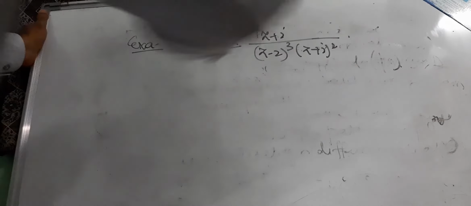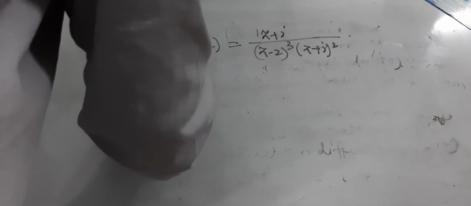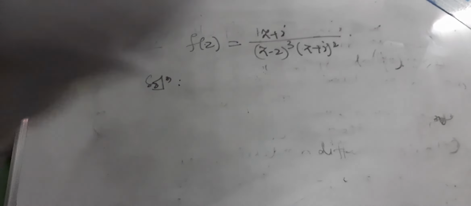Let us discuss one example. The complex function is given as f(z) equals (z plus i) divided by (z minus 2) cubed (z plus i) squared. We have to find the poles.